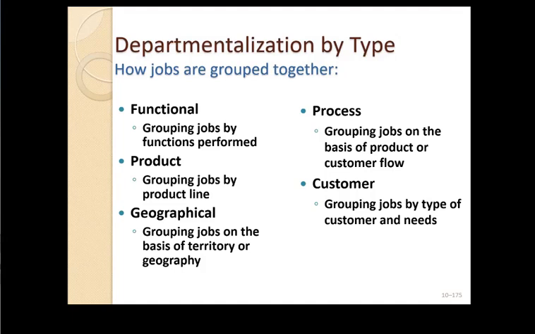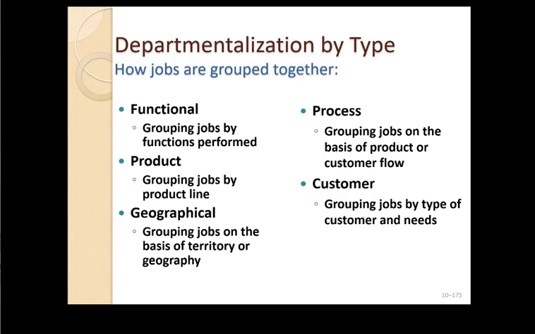And you can also consider the product. Like if a company or organization produces a number of types of products to deliver to the market, to serve the market, right? You can group the jobs by the product line, right? For example, in the construction industry, a contractor can be a contractor, of course, right? You can do the construction work on site, right?